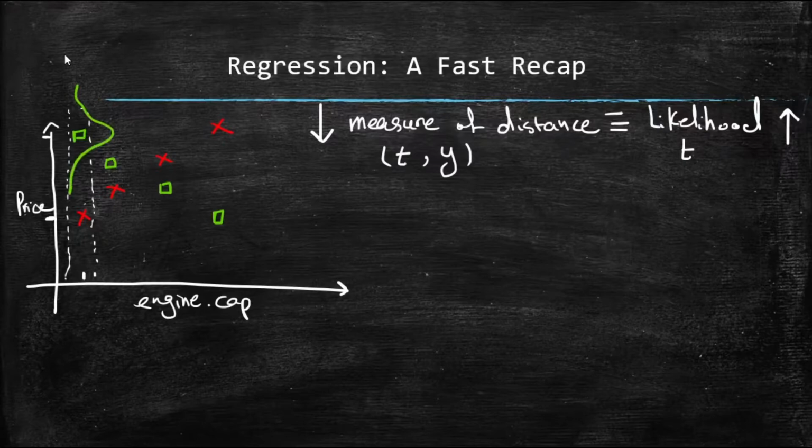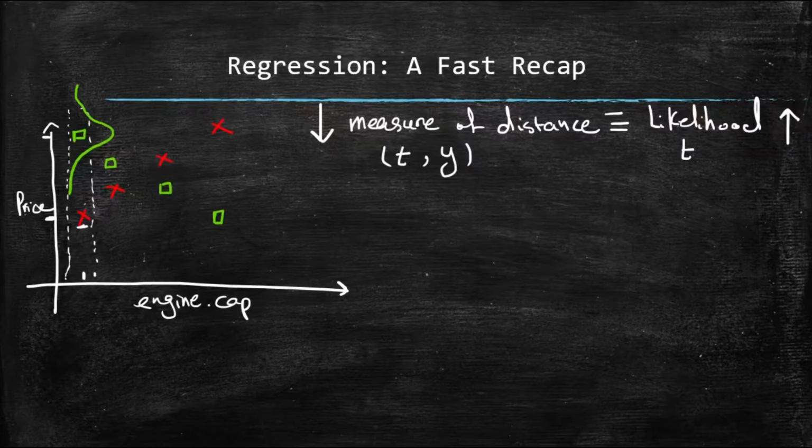Cool. Now, here's a question. How likely is that? Just ignore everything else in this figure and look at this Gaussian. How likely is it that this red cross over here has been generated by this Gaussian?